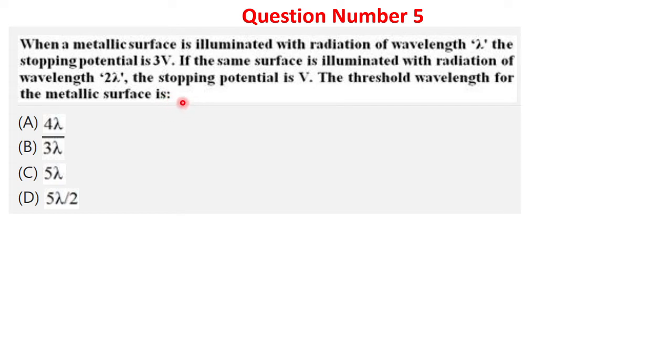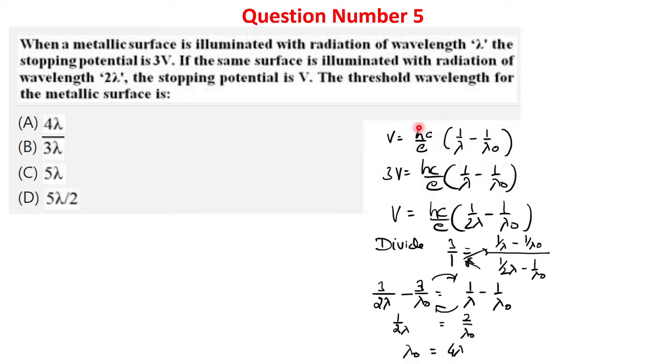Okay, so in terms of wavelength, the stopping potential is given by hc upon e into 1 by wavelength of the photon minus 1 by threshold wavelength. So when the wavelength was lambda, the stopping potential was 3V. When the wavelength is changed to 2 lambda, the stopping potential becomes V.